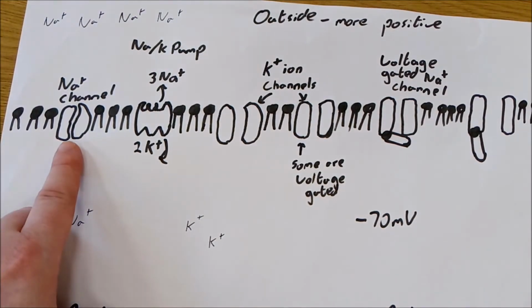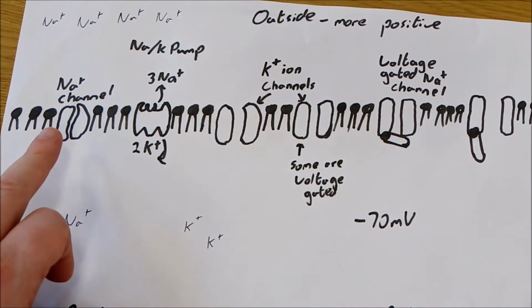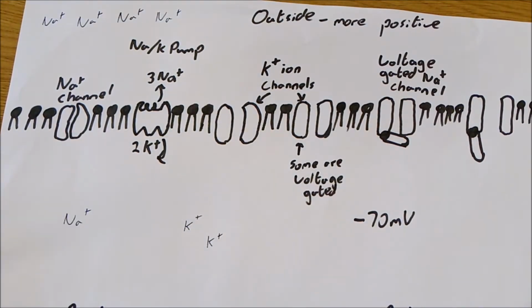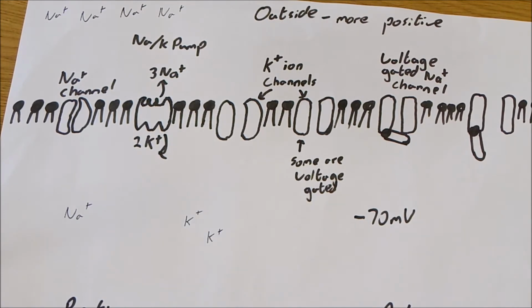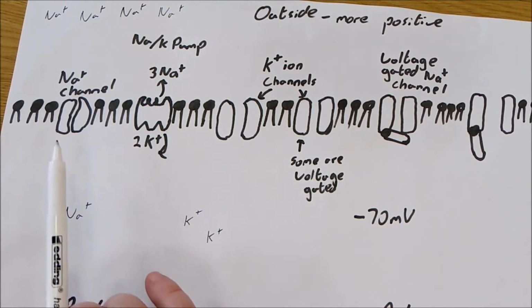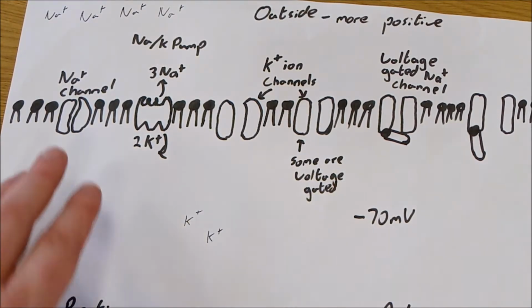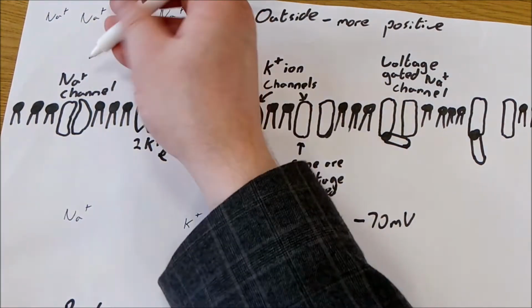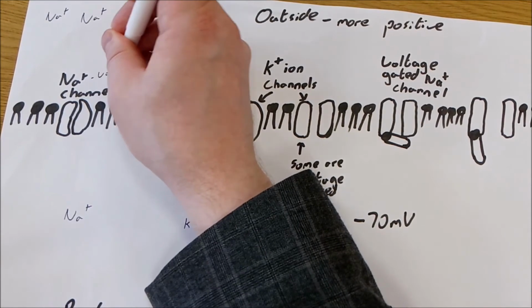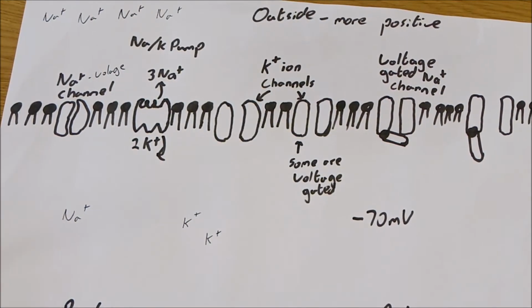We've got potassium ion channels, we've got sodium ion channels, and we've got this potassium-sodium ion pump. After an action potential has moved down, that sodium ion channel will technically be voltage gated.